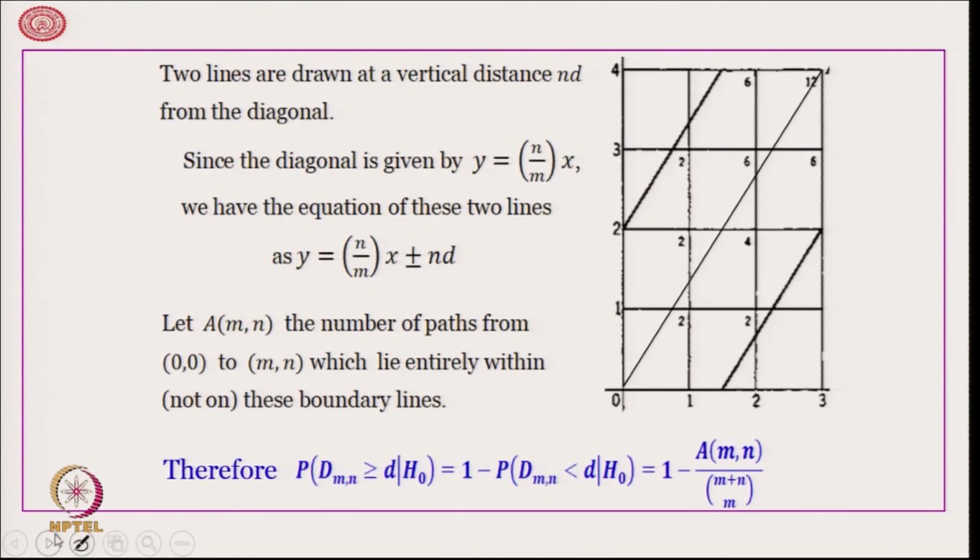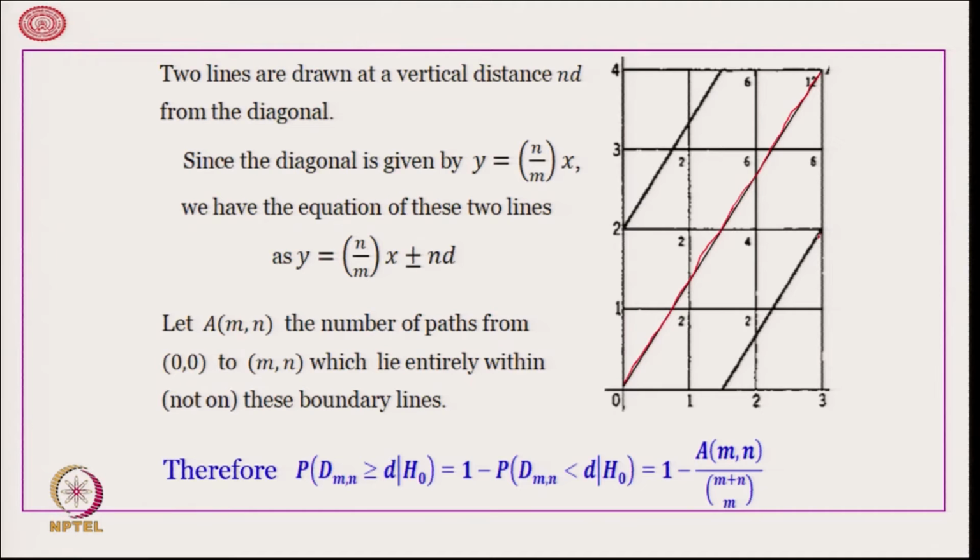Two lines are drawn at a vertical distance n d from the diagonal. So, this is the diagonal, and we are looking at a vertical distance.